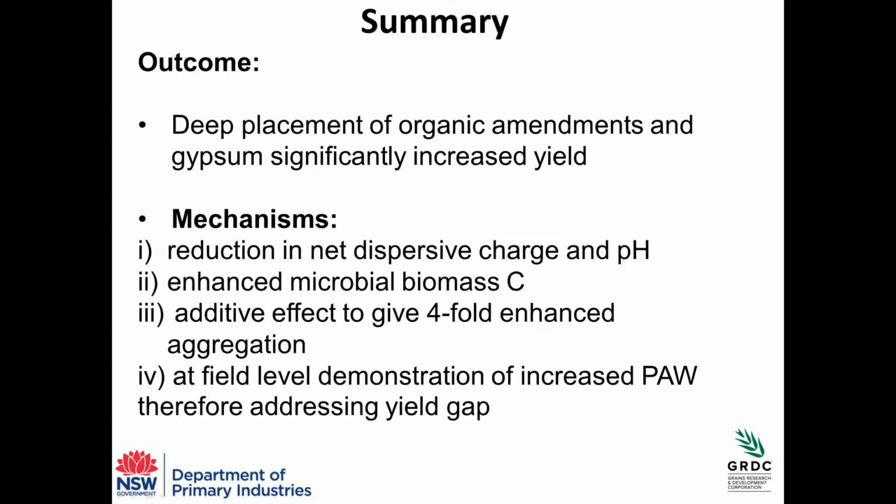Sorry. Okay. It's a very good question, and I think at the end of the day, the only way that this work at the field level is going to be successful, if it shows up some success, is how cost effective it is. The greatest cost at the moment is the amendment itself and the freight of that amendment to the property.